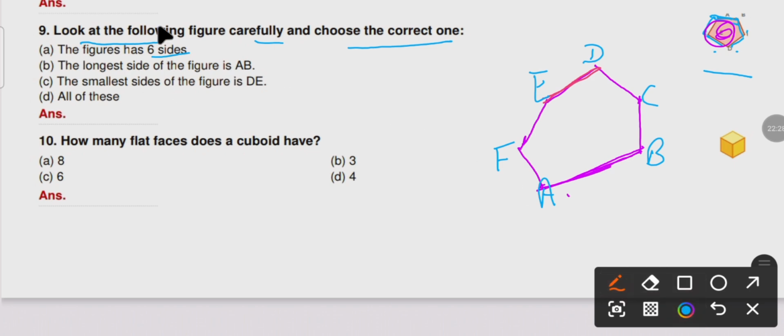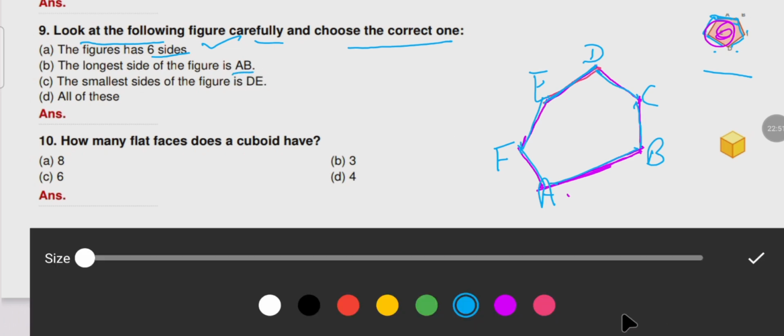So now first option, the figure has 6 sides. Let me count. 1 2 3 4 5 and 6. How many sides? 6. So this is right. Now go through to the next. The longest side of the figure is AB. We have to check the longest side in this figure.